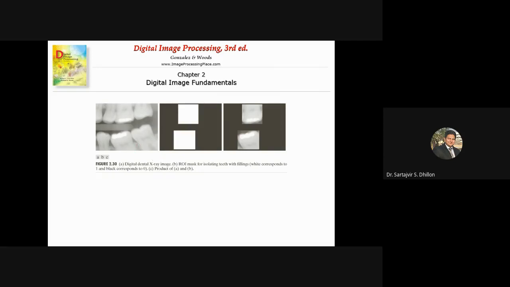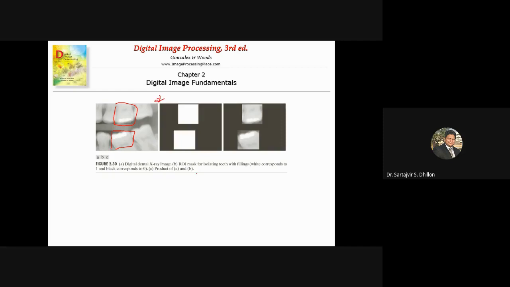Hopefully you are getting this figure. This is a figure of teeth. Some infections are there, and there is a region of interest highlighted by these two blocks. Please note that if we have to check the infection at this particular area, we have to AND our operation with this.